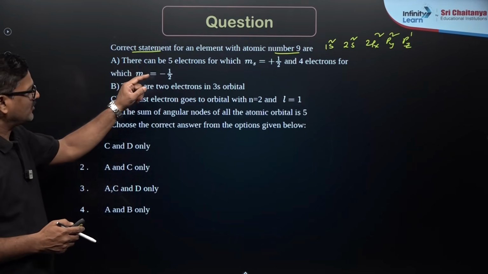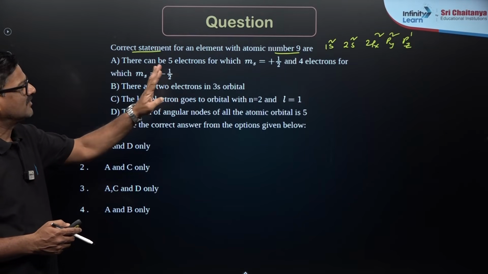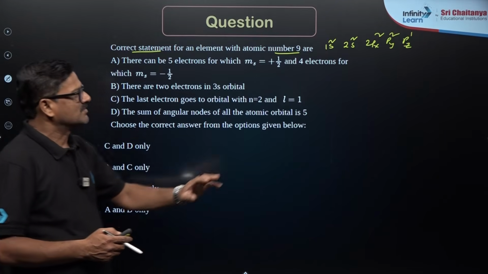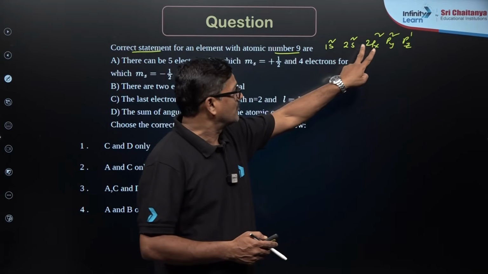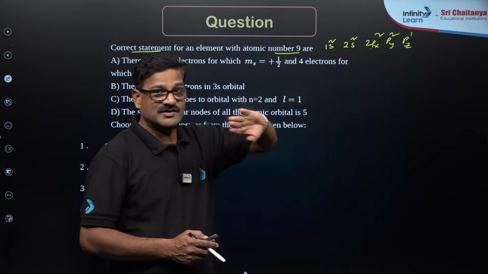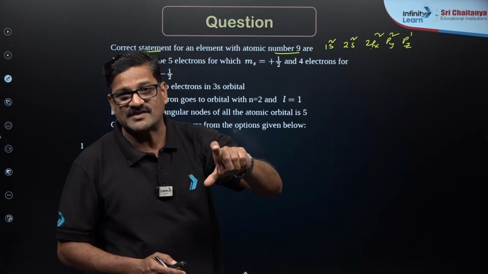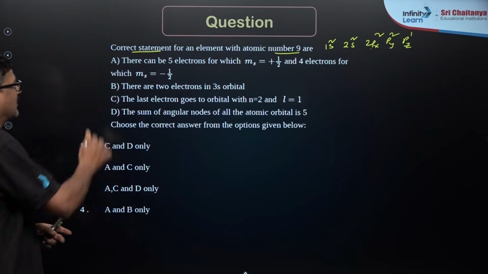There can be 5 electrons with ms plus 1 by 2 and 4 electrons with ms minus 1 by 2. Clockwise is plus 1 by 2, anti-clockwise is negative 1 by 2. It is a correct statement.